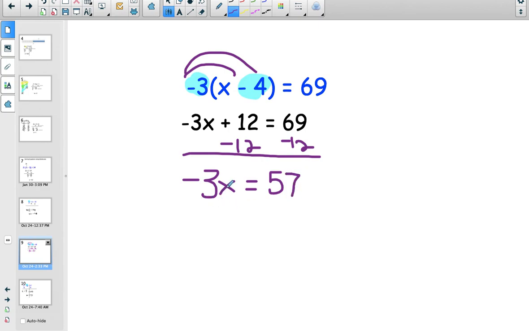And then, well, what's the opposite of times by negative 3? The opposite of times by negative 3 is divide by negative 3. So I'm going to divide by negative 3 on both sides. A negative divided by negative equals a positive x, and then this is going to equal a positive divided by negative, I know my answer is negative, so it's going to equal negative 19.